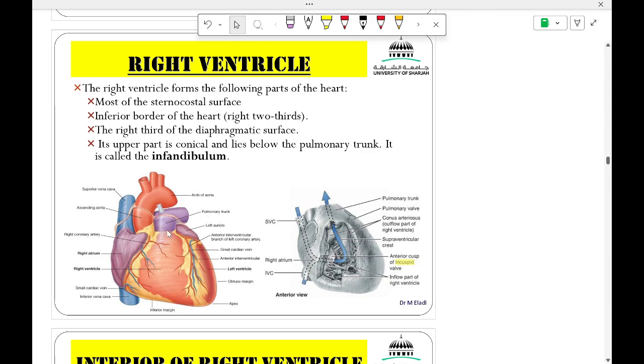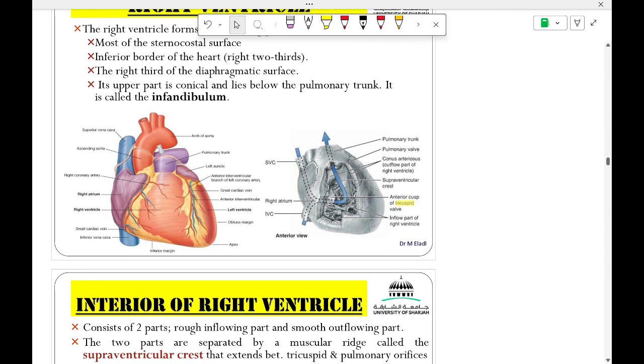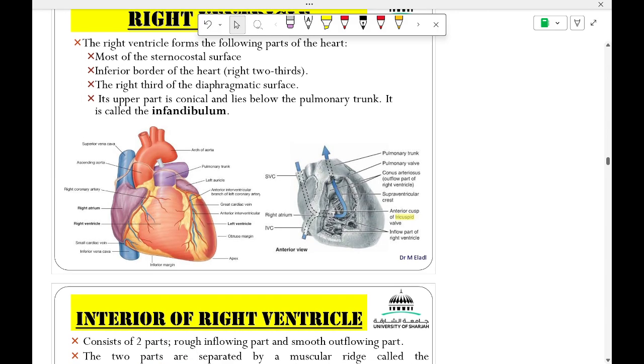On top of this, we have to know that any ventricle, the right and the left, is going to have a smooth outflowing part and a rough inflowing part. So in the case of the right ventricle, it's going to have the smooth outflowing part referred to as the infundibulum, which is going to lie just below the pulmonary trunk, and it is conical in shape.